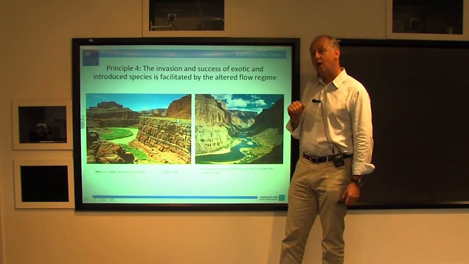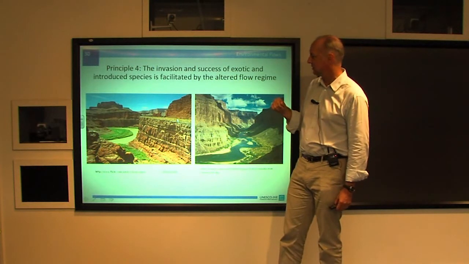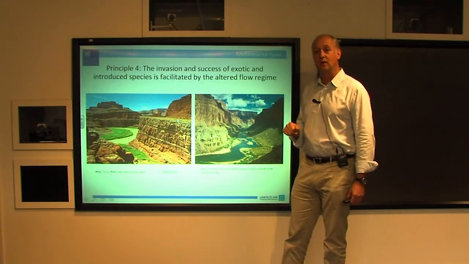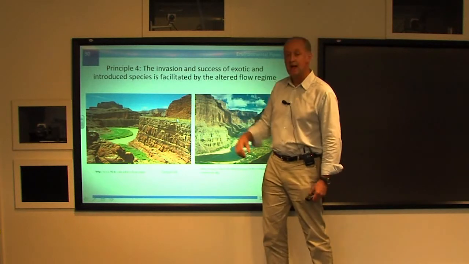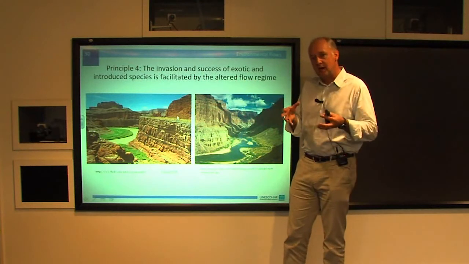Those floods no longer come down the river except under controlled releases from particular dams, and therefore the tamarisk has invaded these areas and is beginning to constrain the river.